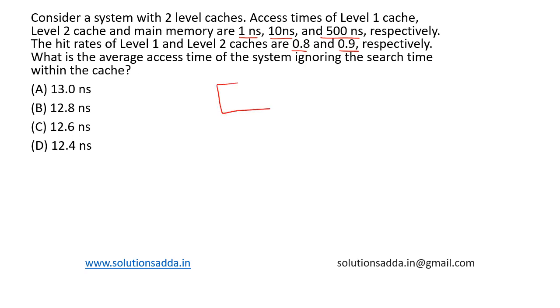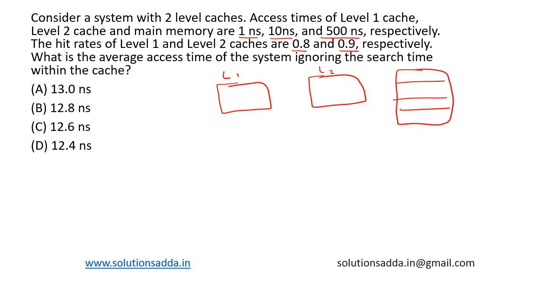So this would be our first cache. This is L1, this would be L2, and this would be our main memory. Initially it will look in L1 cache. If it is not available, then it will look into the L2 cache, and if it is not available there, it will look into main memory. So let's write down the basic data that is given.